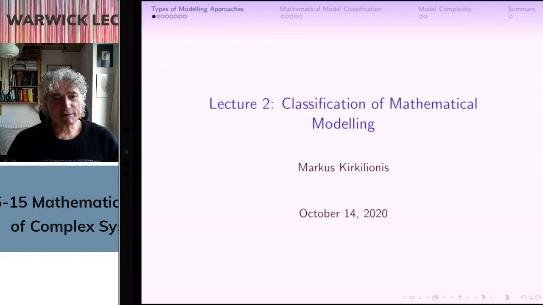The issue is, of course, that you need some kind of equivalence, as we discussed earlier, between the modeling structures and the mechanisms that are present in the empirical system to which we apply the mathematical model. So let's talk about this classification today.